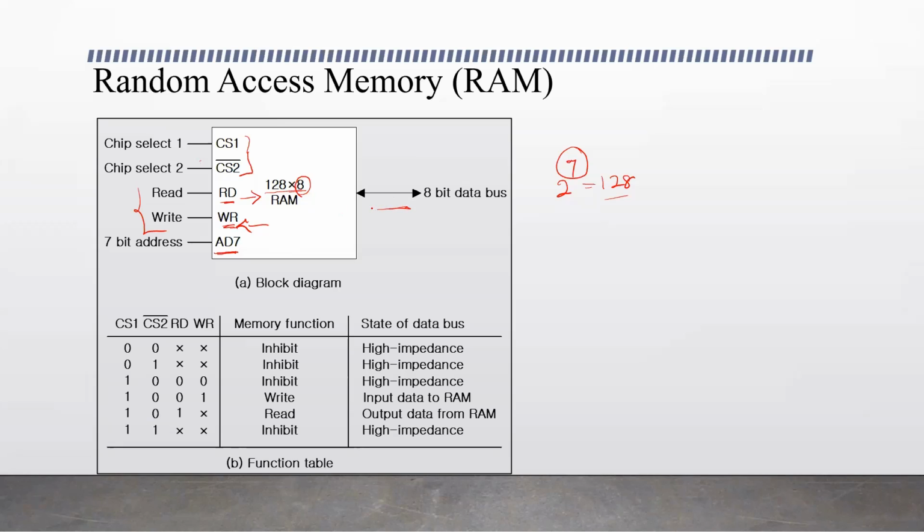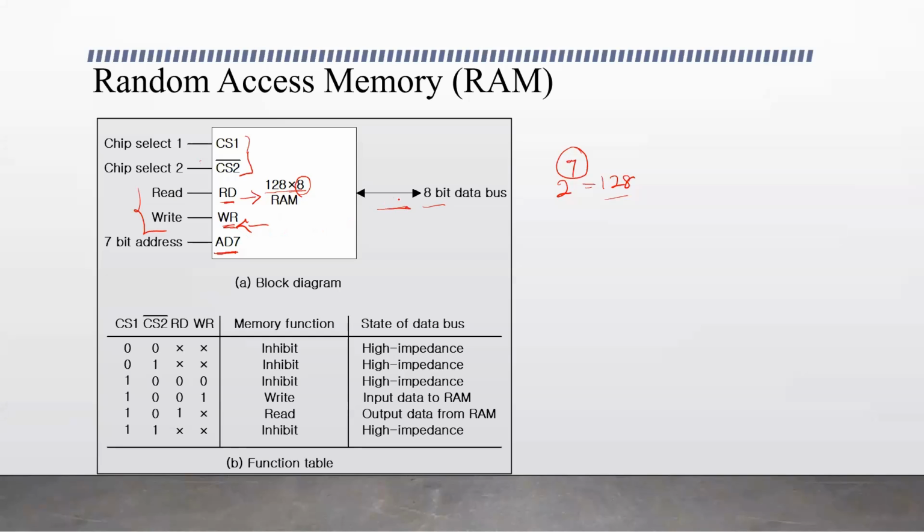When a word is being transmitted out of this RAM or into this RAM, it is carried by this data bus. So it is an 8-bit data bus. And here you need to note this data bus is bidirectional. Why is it bidirectional? Because the operations performed are read and write.